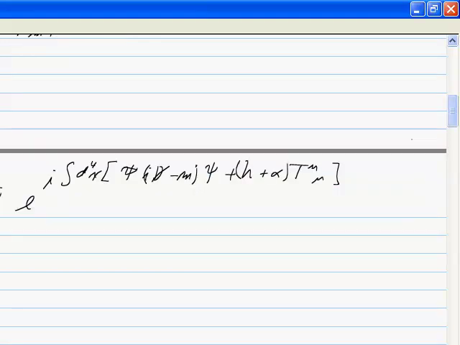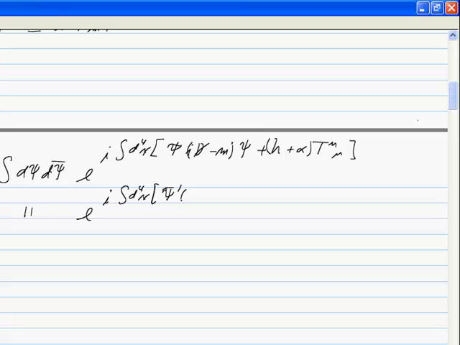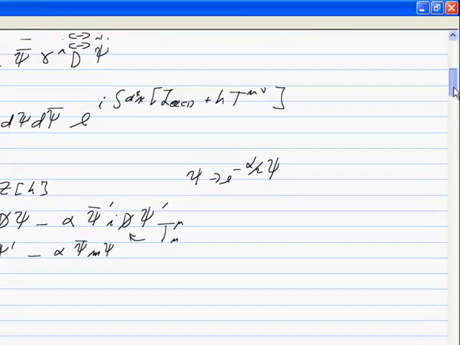Then we note that if I change this, so I keep this part the same at this moment, make this e to the i integral d4x psi bar prime i d slash minus m psi prime. So I'm just rewriting it. There then becomes a minus alpha this and an alpha that. The first one, the d slash one, cancels the alpha that's sitting right here. This one doesn't cancel that.